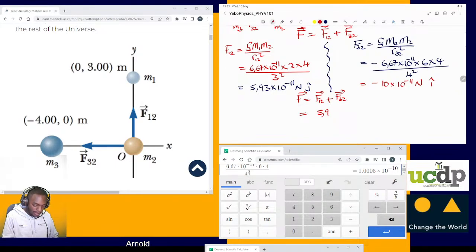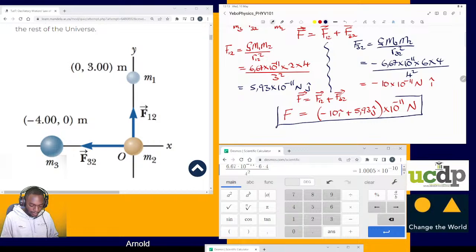We can start with the I, which is negative 10 in the I, plus 5.93 in the J, times 10 to the negative 11 newtons. So this is our resultant force that we have been asked to find.